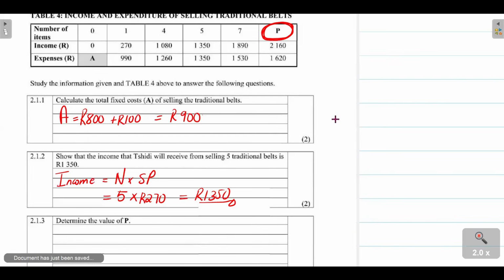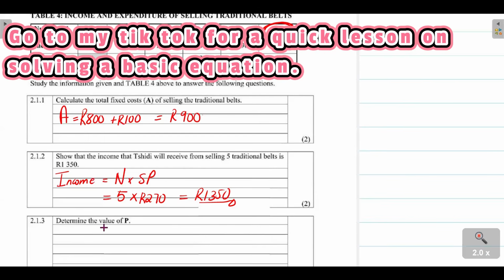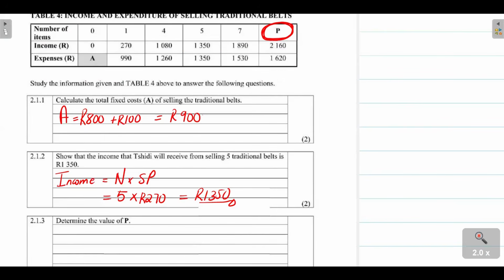Right. So which formula am I going to use here? Because there are 2 formulas. Ma'am, we want to know the number of items. Tell me what I need to do. Yes, ma'am, please help me out.